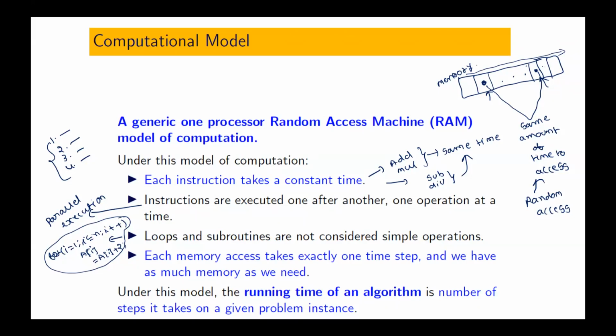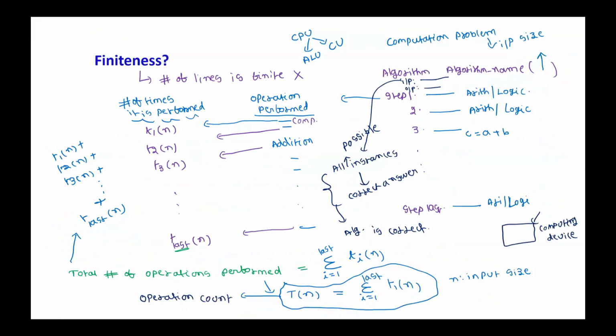The running time is the number of steps taken by the program. What does number of steps mean here? Whatever we calculated, it is the number of operations, the operation count. Loosely speaking, we call it running time hereafter.